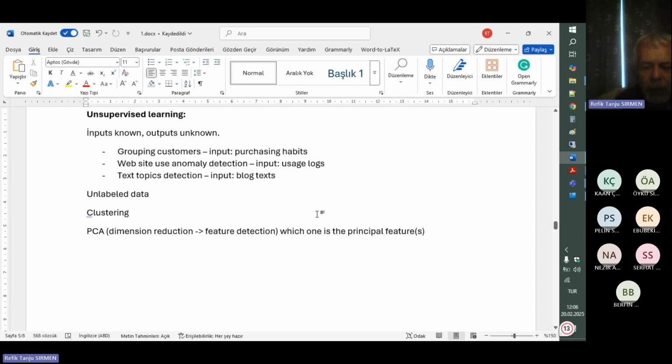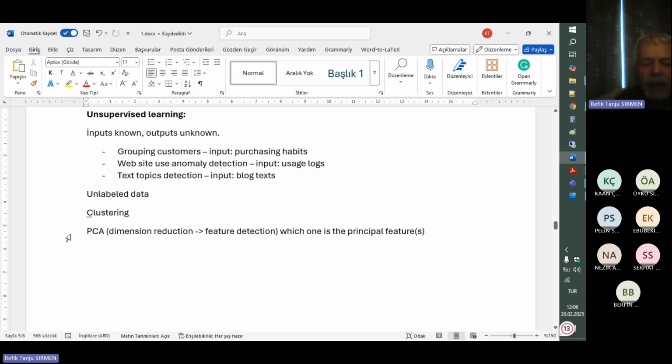Okay, so it's a kind of feature detection business. If you figure out the features, the principal features, that means that you are deciding about the main factors, the principal factors affecting the output mostly, heavily, okay? The weight of the effect or the significant or principal features in the data.